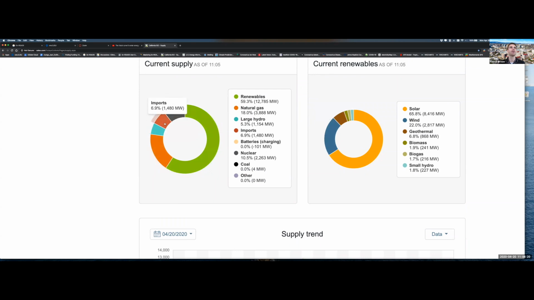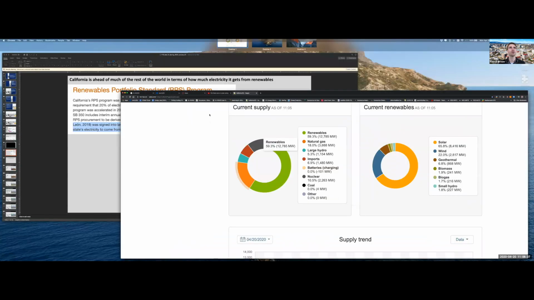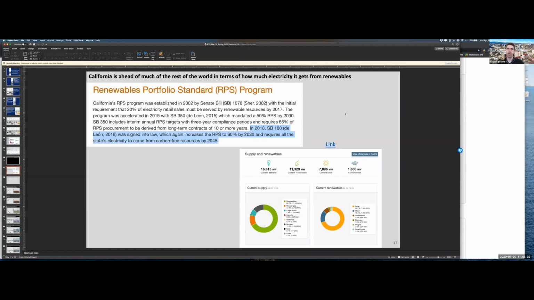And then the stuff that's non-renewable is basically natural gas. So in California, we're doing a lot better than a lot of the rest of the world, frankly, in terms of generating electricity from renewable sources. So we'll see a lot of the problems that come from renewables first, but we can be kind of a model for the rest of the world's energy systems as well, hopefully.